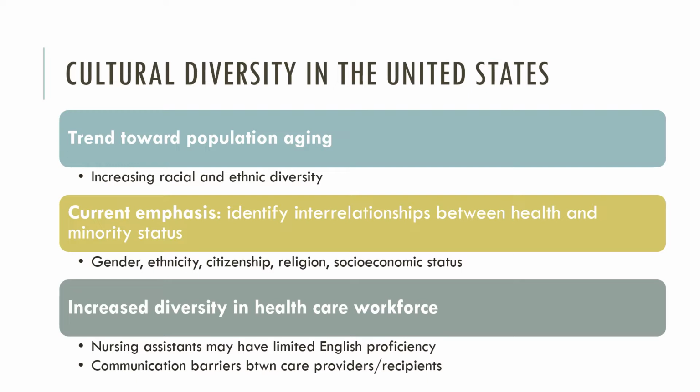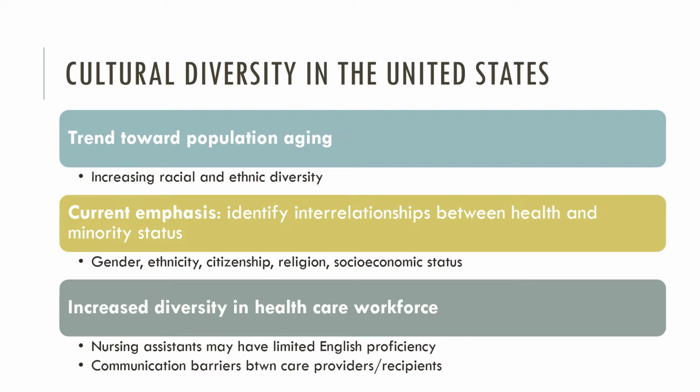Looking at immigration patterns in the last 50 years, there has been a change from African Americans being the largest minority group to Hispanics being the largest minority group. And they talk about it by about 2044 that the minority groups will be more than half of the US population.